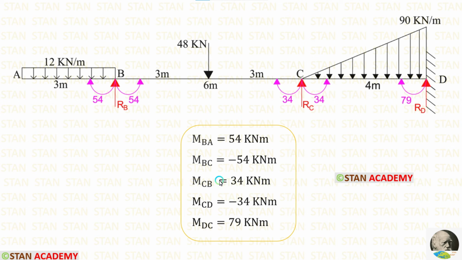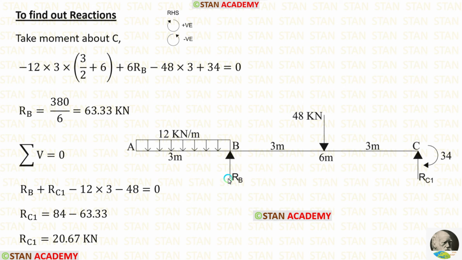We have to consider only one moment, that is MCB, which is acting in the clockwise direction. In these spans, first I am going to find RB. For that, I am going to take moment about C. In this case, I am moving towards right hand side. Clockwise will be positive and anticlockwise will be negative. This UDL 12 kN per meter is acting towards the point C in the anticlockwise direction.